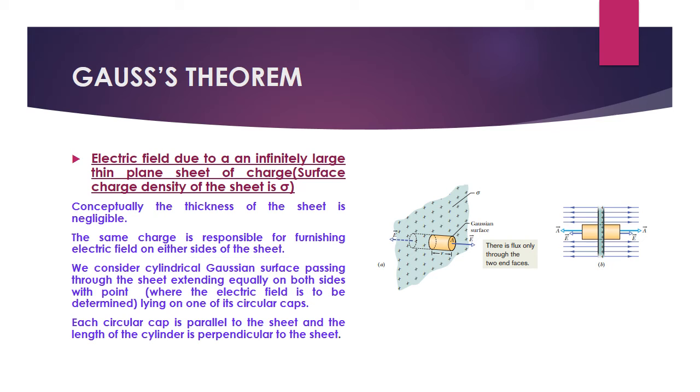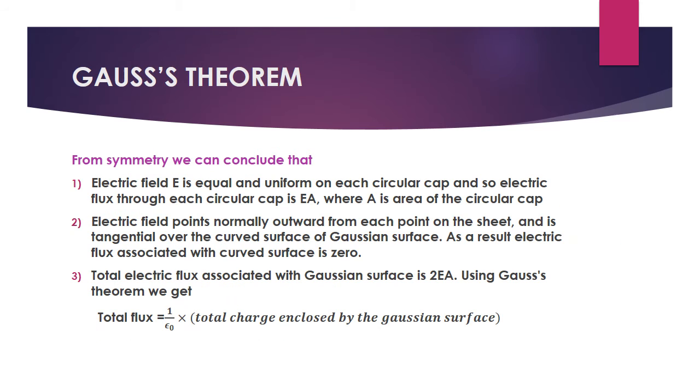Figure B represents the nature of electric field lines associated with the sheet of charge. You can see that electric field lines point normally outwards at each and every point of the sheet. From symmetry, we can also conclude that electric field in the surrounding region is uniform. So there are a few basic conclusions that can be drawn on the basis of symmetry in this case.